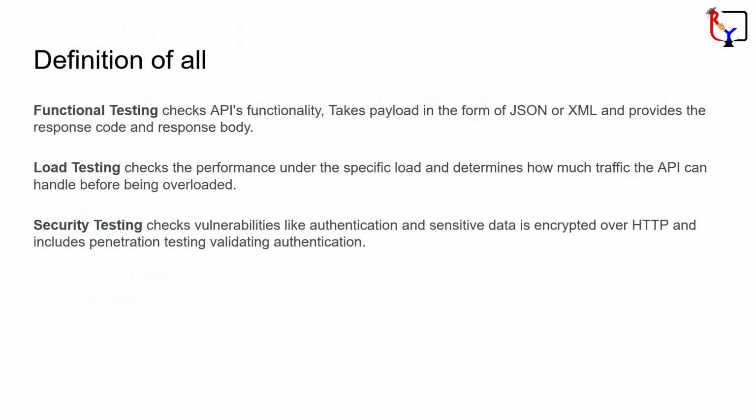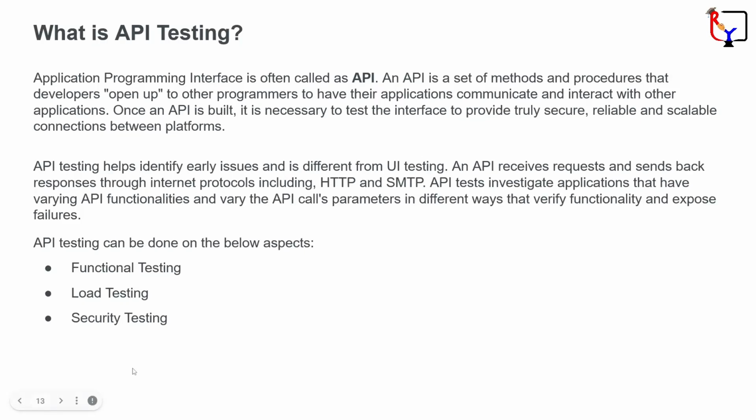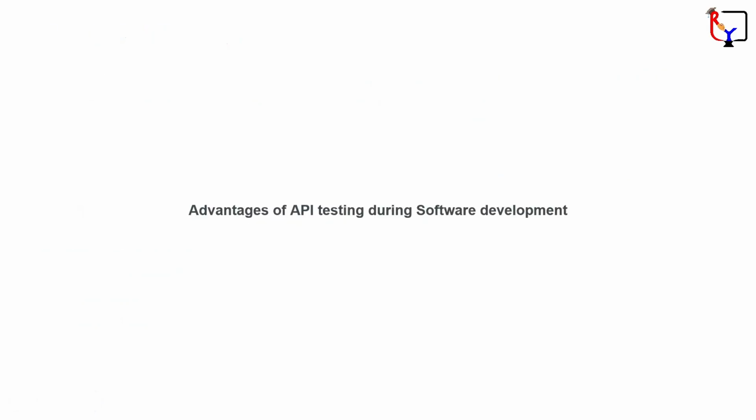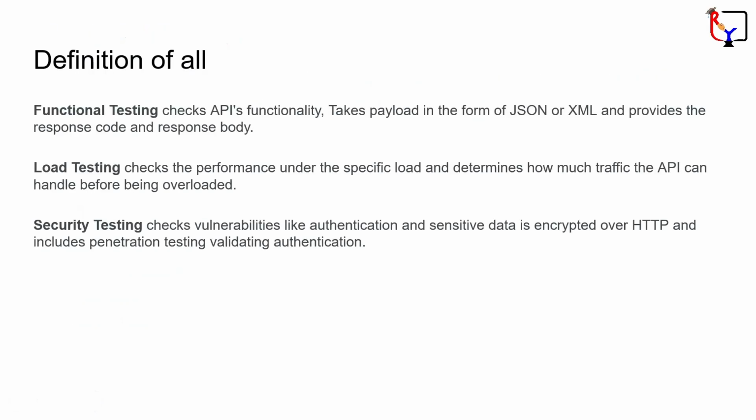So we already mentioned functional testing, load testing, and security testing. Let's understand in more detail what is functional, what is load, what is security, and the difference between them. Functional testing checks API functionality.